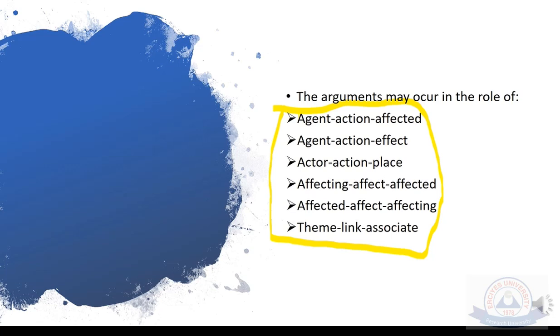So you know that the agent, the doer, eylemin yapıcısı. Action is the verb or the predicate, you can say. And affected is the object that was affected from the action, actually. Like Tom broke the window, like this. So we will see more examples in the following presentation now.